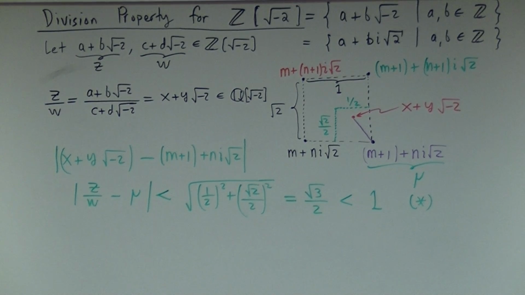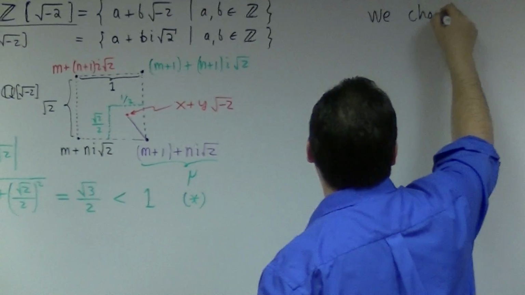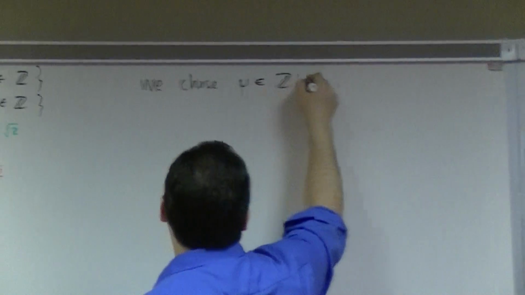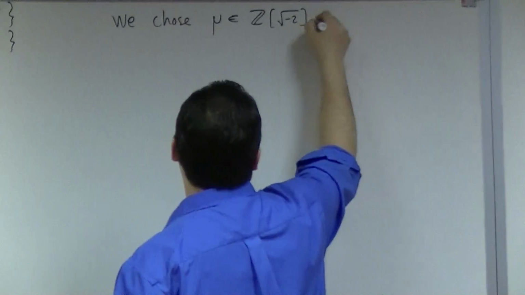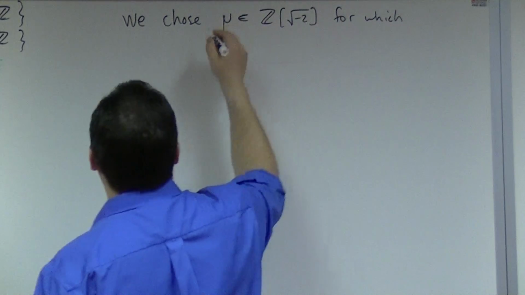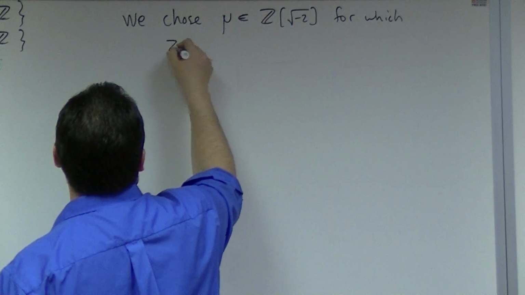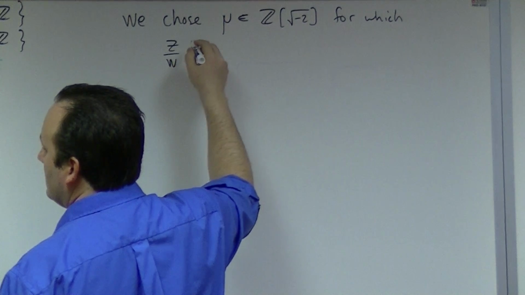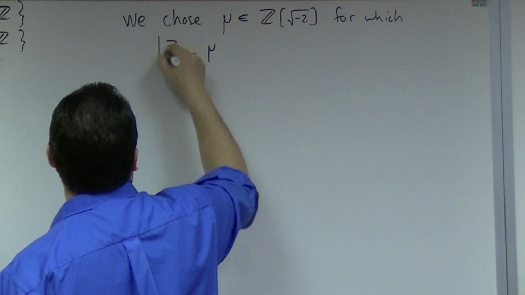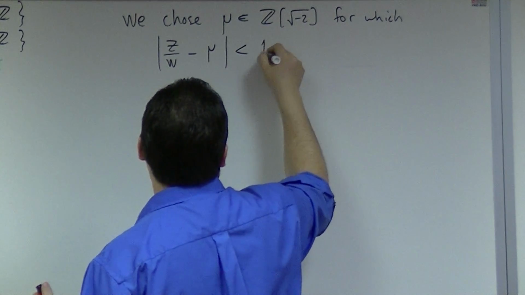Okay, so continuing here. We chose mu in the quadratic integers, it's the adjoin square root of minus 2, for which z over w minus mu is less than 1.